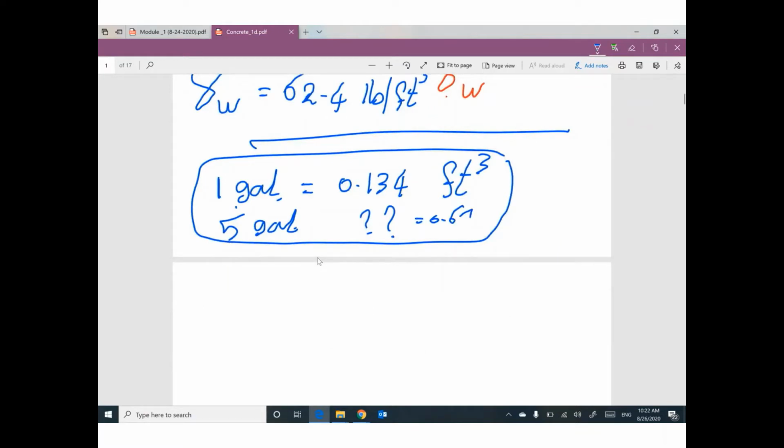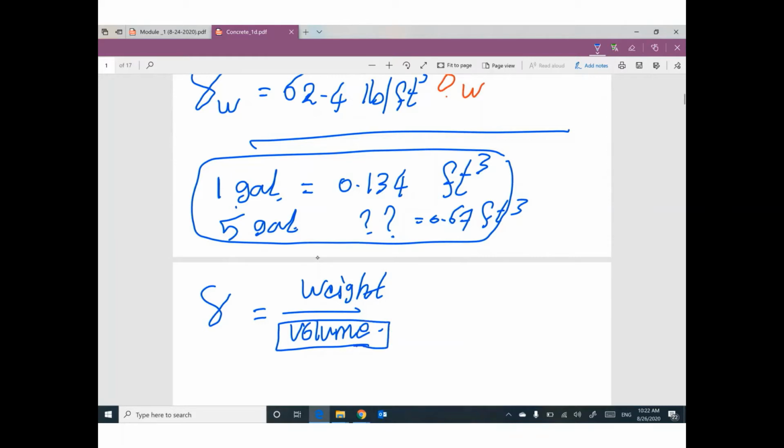One more thing. Gamma equals weight divided by volume. If I'm looking for volume, the volume will equal weight divided by gamma. That's right.